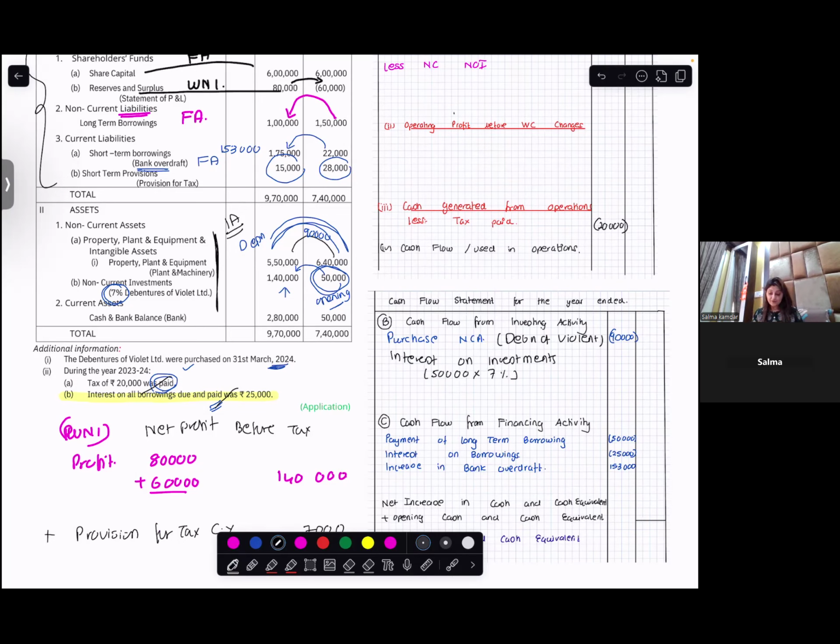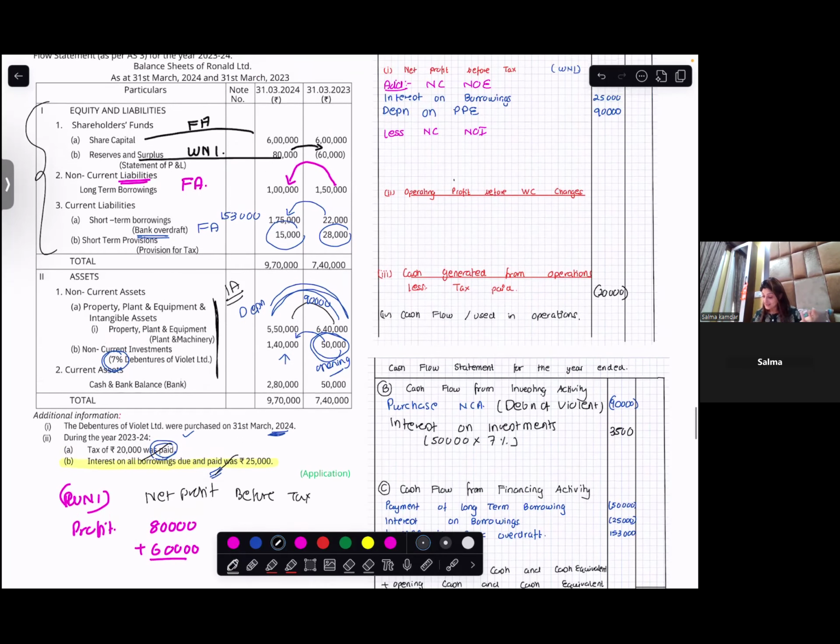Even if the date of investment is not given, you would still calculate on 50,000. So this is 3,500. The interest on your investments, and interest on investment is again which activity? It is non-operating activity. It is a non-operating income. So you are going to subtract this interest on investments.